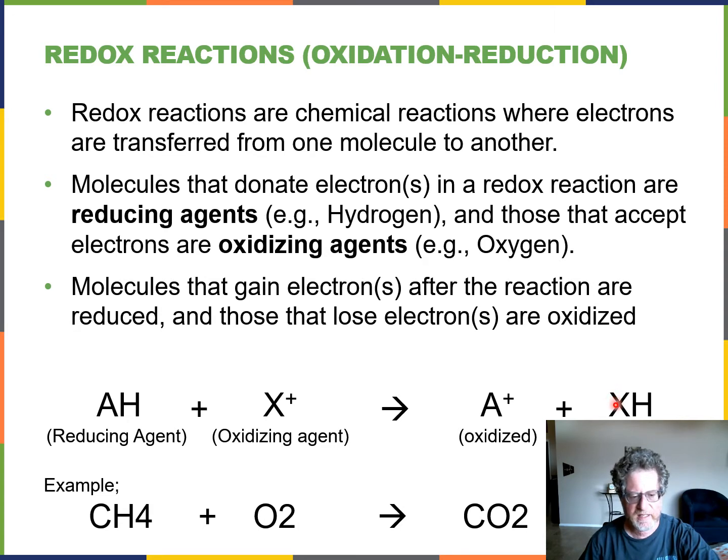I'll probably say that this starts out being reduced and then becomes oxidized, and this starts out being oxidized and becomes reduced. Becomes reduced because it gains an electron. It becomes oxidized because it loses an electron. When you see hydrogen, think high energy electrons. So hydrogen has available electrons for donating.